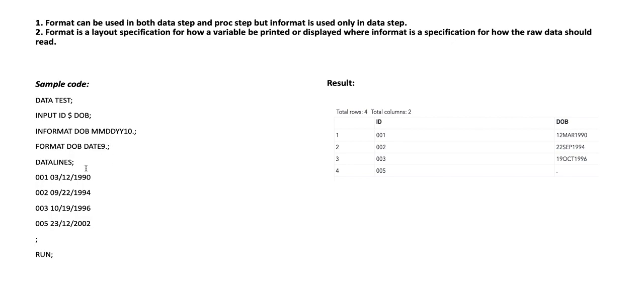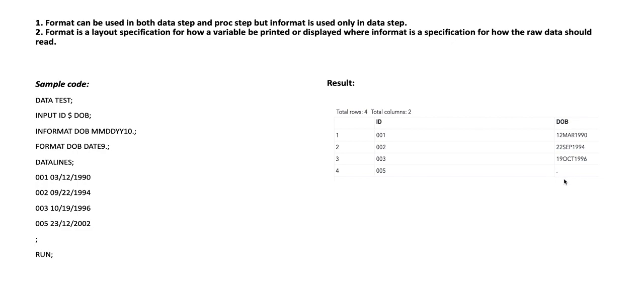Now the data lines, and it has 4 records. Record number 1, 2, 3, and 4. When we run this code, the output is obtained as shown in the right side of the window. This program can read only 3 records perfectly, 1, 2, and 3, and for the 4th record the DOB column is showing missing.